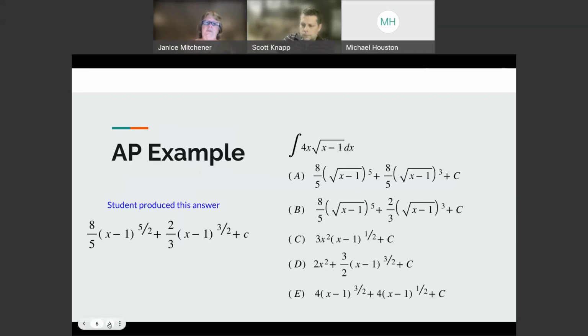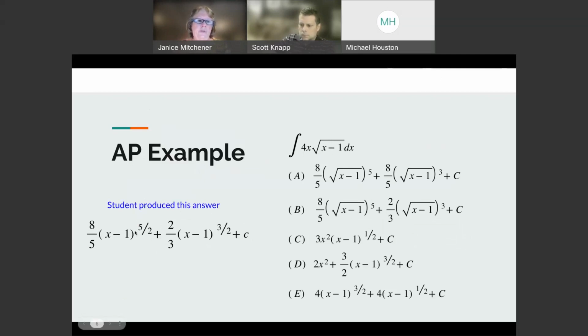Here is an example too of an AP problem where the students are working and they have the integral of 4x times the square root of x minus 1 dx, a little bit of a u substitution type problem. And this is a student produced answer.